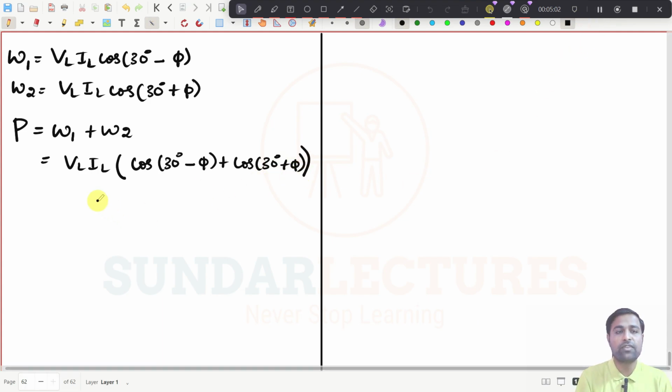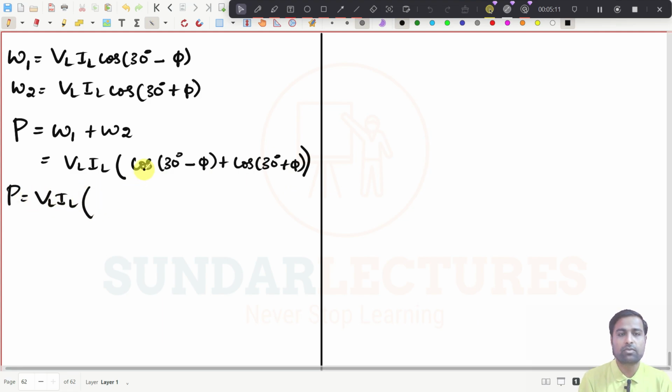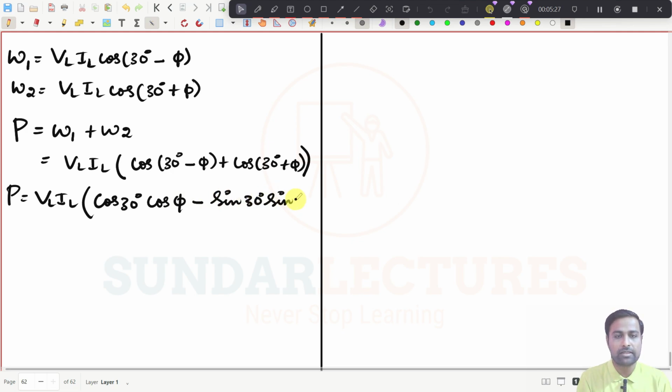So if you expand this further, P is equal to VL into IL, and cos A cos B minus sin A sin B, that is this one, right?